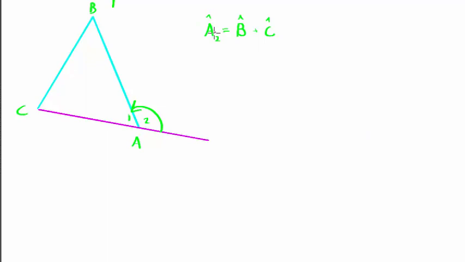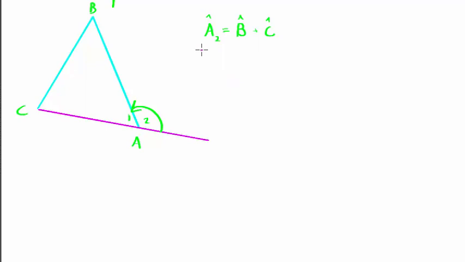Can you prove it for me? A plus B plus C is equal to... A plus B plus A1 is equal to 180. Okay, so do it the way I suggested. Yes, you're right.